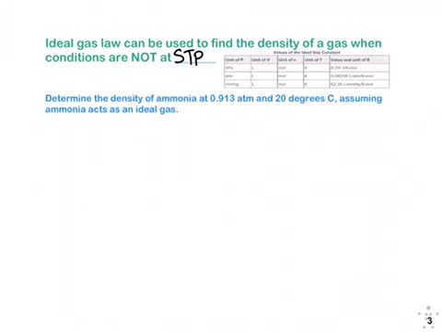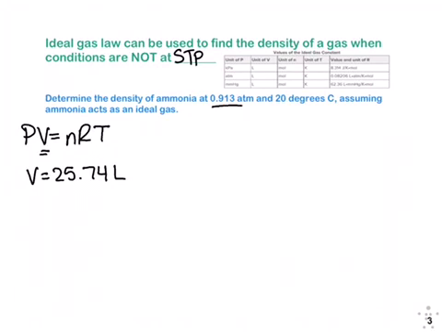Okay, so in this particular problem, using PV equals nRT, you would have to solve for volume. And the volume ends up being 25.74 liters.